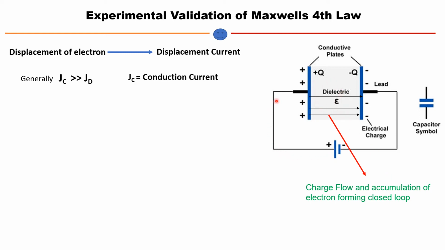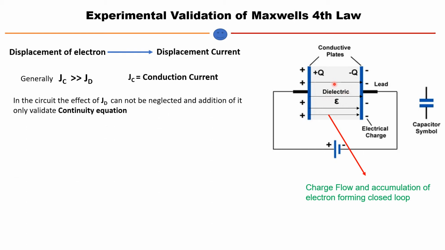The plus charges accumulate on this plate and minus on this plate, forming a condenser, and there will be a little current associated. That is called our displacement current. In this circuit we can't neglect this J_D, and if we add it, it will validate the continuity equation.